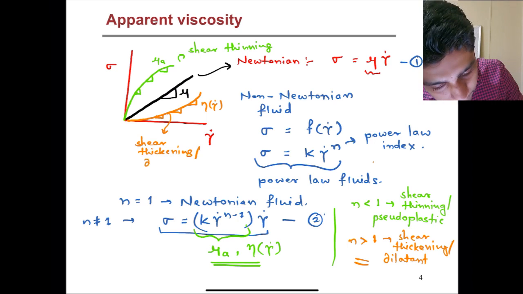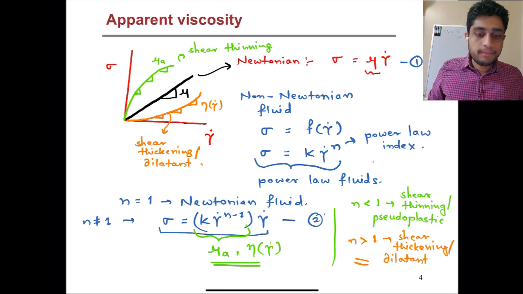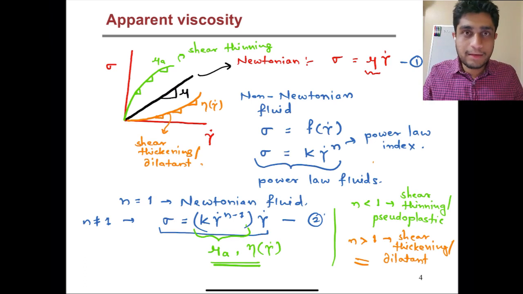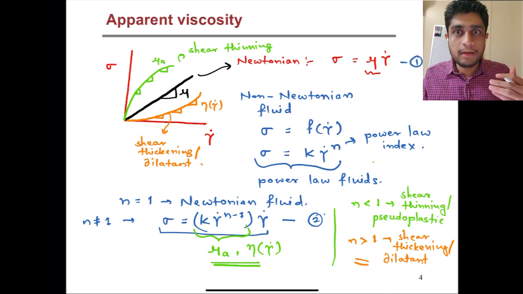Or dilatant. Now Newtonian, shear thinning and shear thickening fluids fit the classical definition of fluids. That is, if we apply an infinitesimal stress on these fluids, they will flow, right? They will deform.